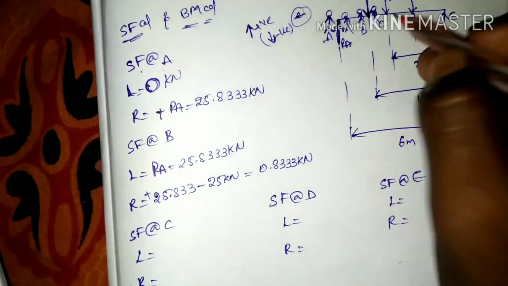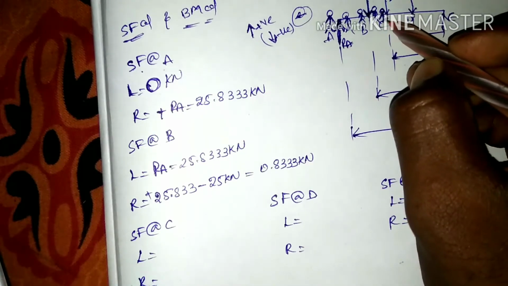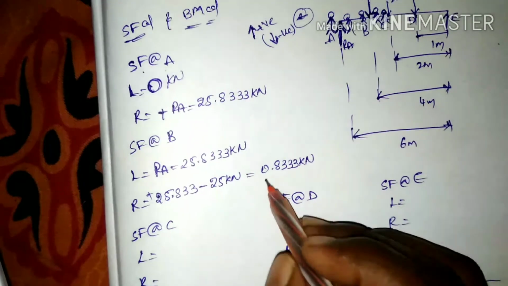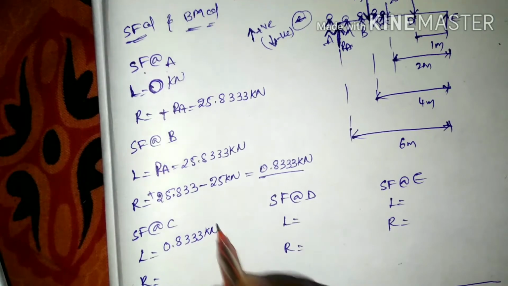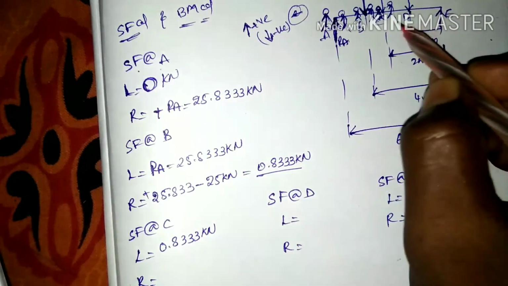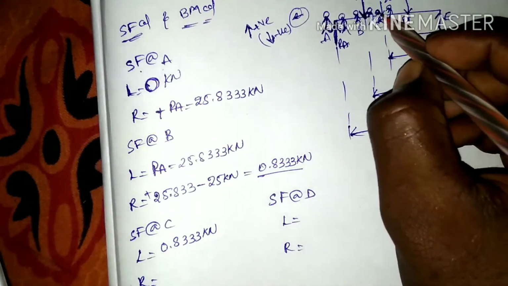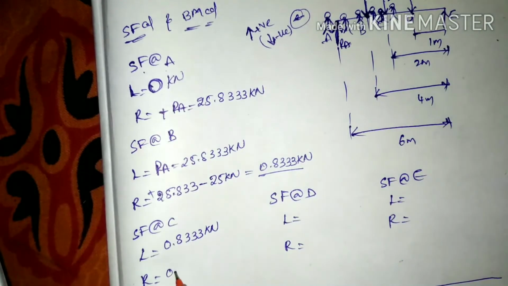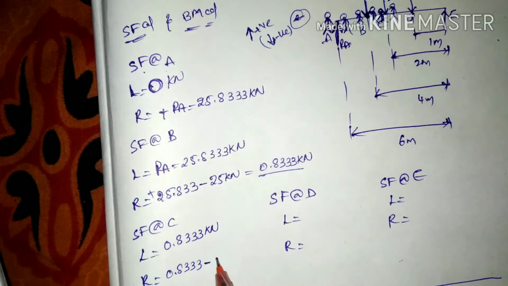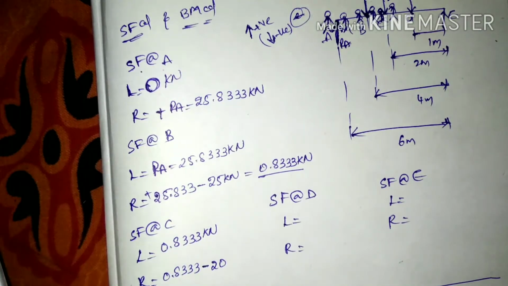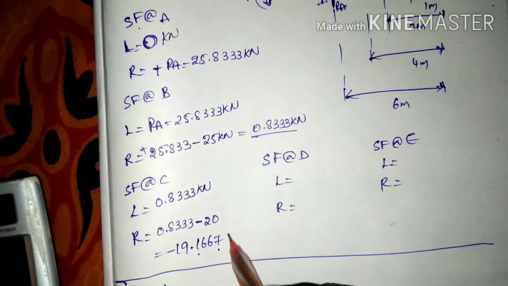And next I am moving on to the C. For just left to the C, I am going to remain with the same value of 0.833 kilonewtons. For the right of the C, we are having a downward point load, so 0.8333, because here it is downward, so negative 20, that is going to be minus 19.1667 kilonewtons.